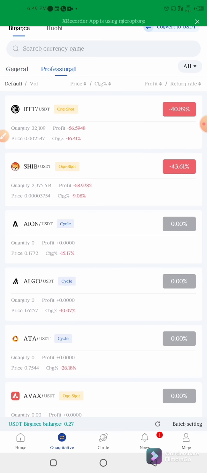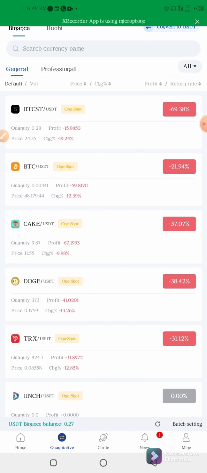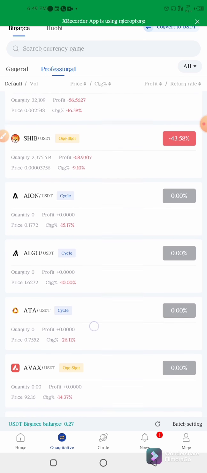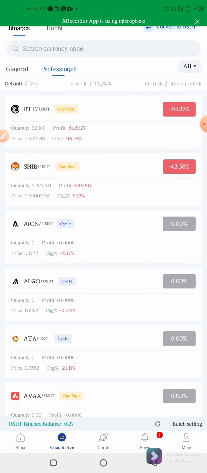I should have 7. Let me go from general 1, 2, 3, 4, 5. Then on professional I have 6, 7. Okay, another one sold. It was 8. So 200 times 8 should give me 1,600. And I went ahead to open 8 coins to trade. So I got my fingers burnt.